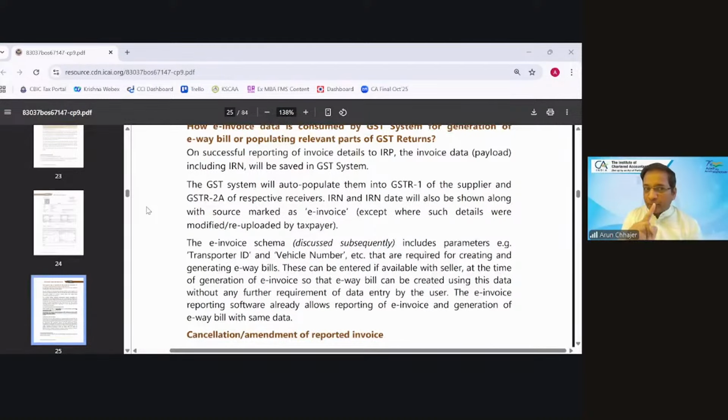What is the time limit to prepare the e-invoice? It is the same time.